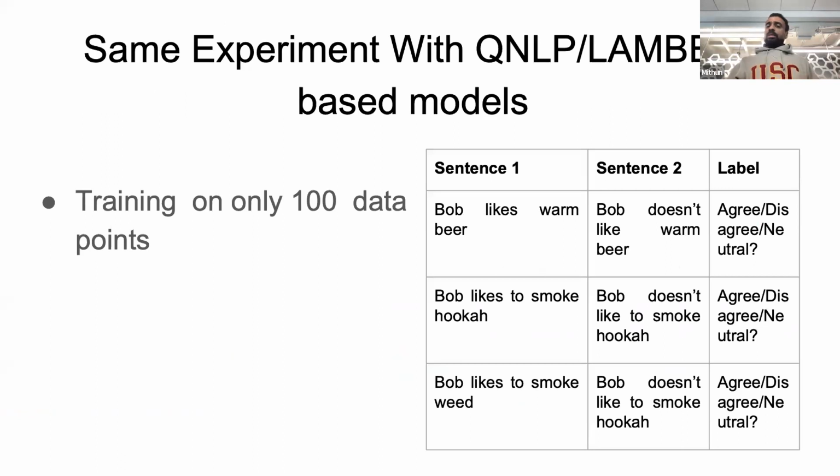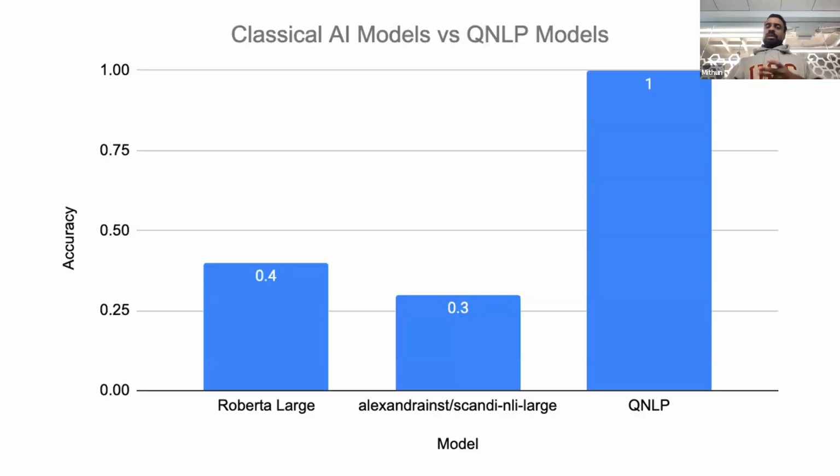I took the same experiment, like train only on 100 data points, and let's ask it to predict, hey, what kind of a guy is Bob? Like, does Bob like to smoke hookah? Remember, we asked this question to open source large language models, training from scratch. It was 0.4 and 0.3. And ta-da, QNLP model gave perfect accuracy, because it really just needs 100 data points to understand the personality of Bob.